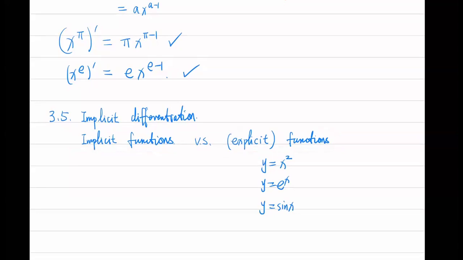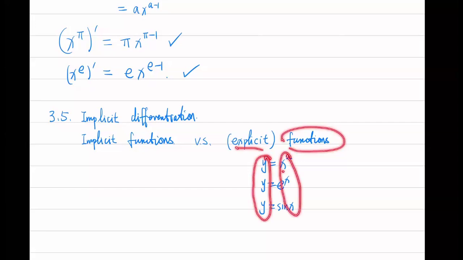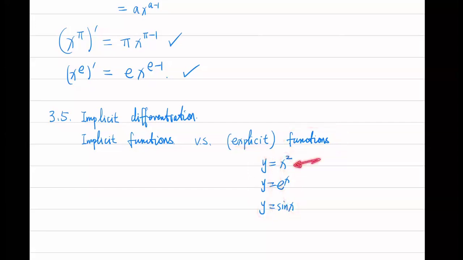Why are they called explicit functions? Here the dependence of y on x is explicit. You give me an x, I do the computation, I find y. The implicit means the dependence of y on x is implicit. Y is still a function, but the dependence is implicit.